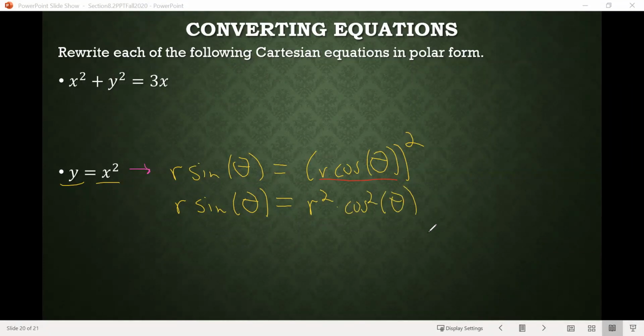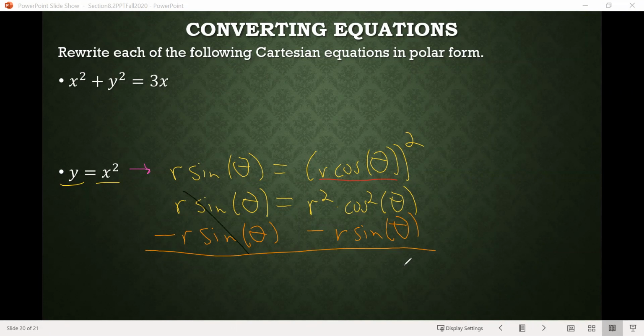And then again, we could finish this by dividing by cosine squared and dividing r's on each side, but we're not going to do that because we'll lose solutions. So again, I'm going to subtract r sine theta from this side, and subtract it from this side. And so these will cancel.